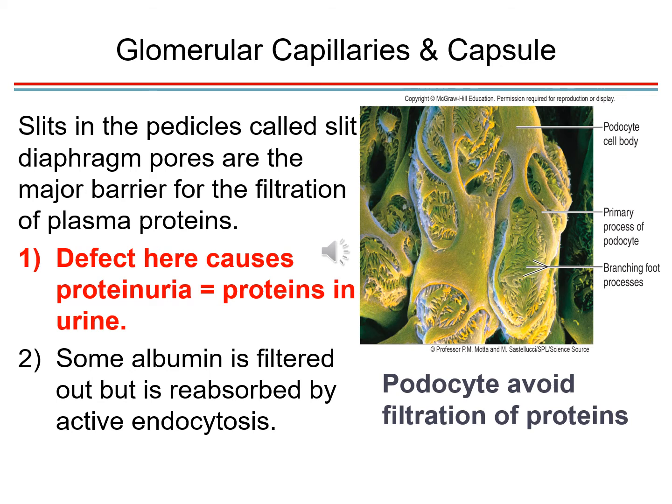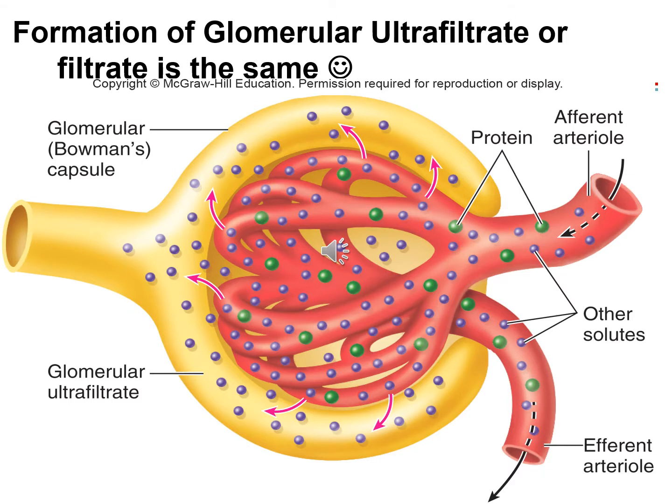But in a normal scenario, if we filter proteins into the capsule, they are going to be reabsorbed in the proximal convoluted tubule. All the molecules that are capable of escaping the glomerulus into the renal capsule are called a filtrate.